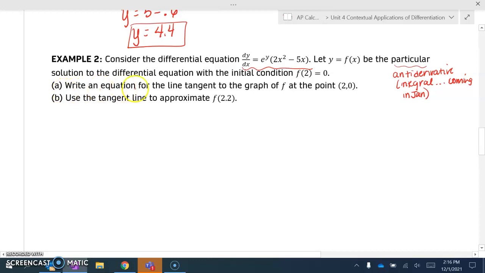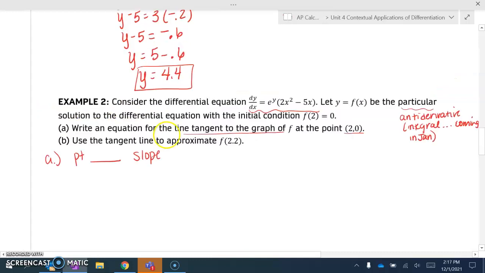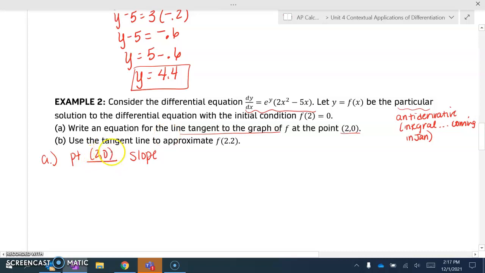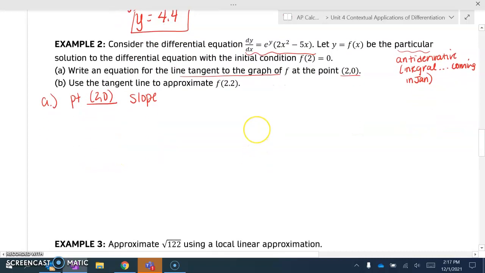Part A says, write an equation for the line tangent to the graph at the point 2, 0. So to write an equation of a tangent line, we know we need a point and a slope. Well, they gave us the point 2, 0, and they gave us the derivative. So we can find our slope using the derivative. So if we evaluate the derivative at the point 2, 0, we have e to the 0, and then let's plug in 2 for the x.